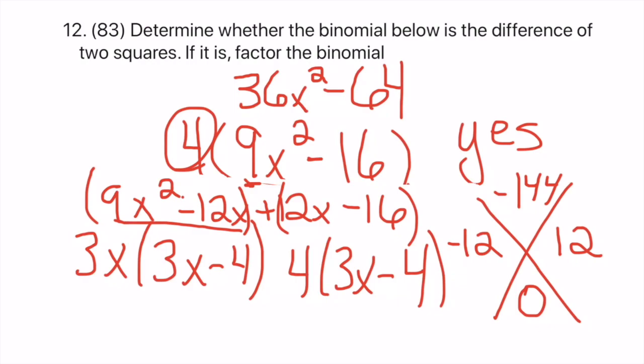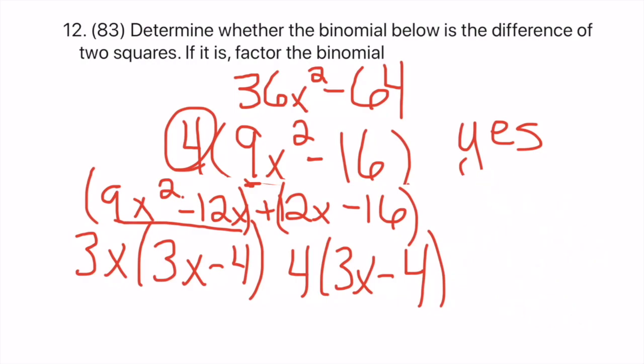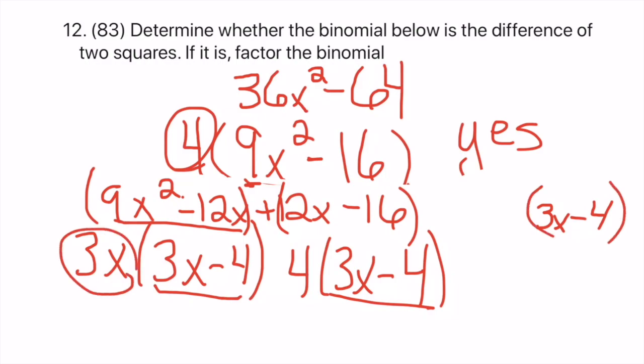So we know for the answer, I'm going to erase this. This same binomial is going to be one of our binomials. And then the other one is going to be the two things we pulled out. So 3x plus 4. And then remember, we still had this 4 hanging out up front.